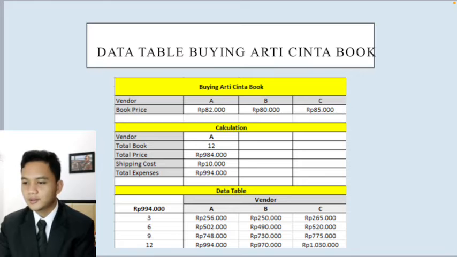So we choose vendor B as the lowest price, because the price from vendor B is lower than vendor A and vendor C. So using a data table can help us choose the lowest price from different vendors.